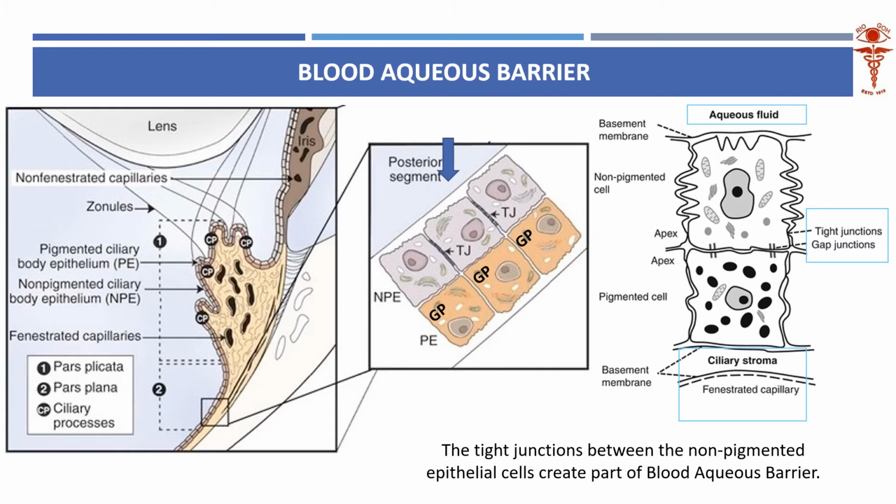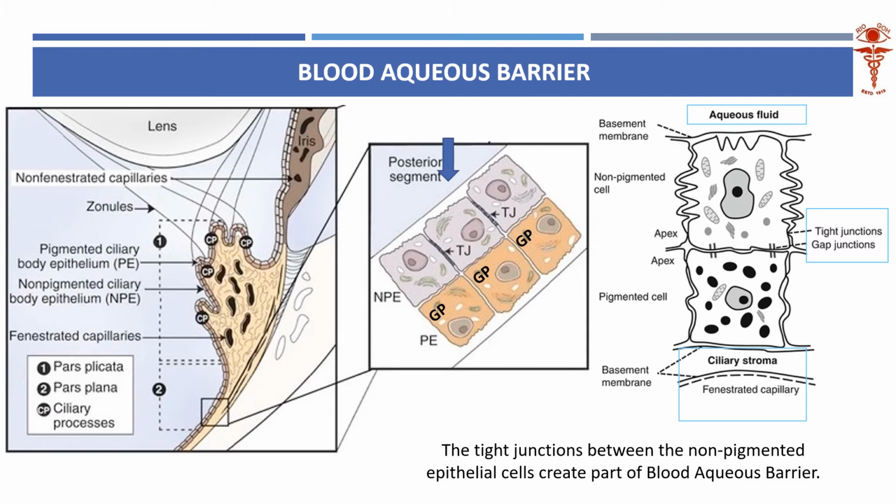The cellular portion is not allowed into the aqueous humor. So aqueous humor is basically most of water, almost 99% of water, and 1% of ionic element, which is a bit different from plasma.